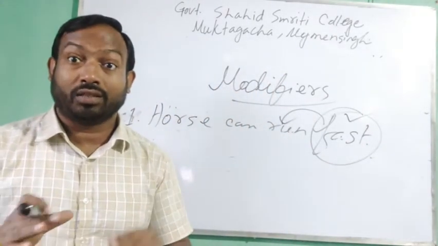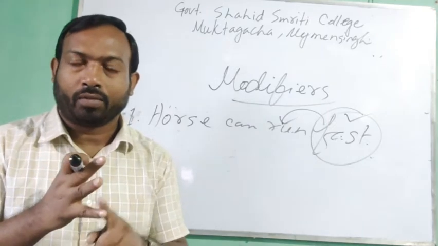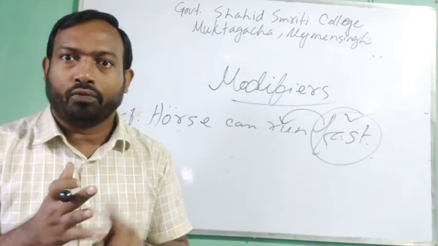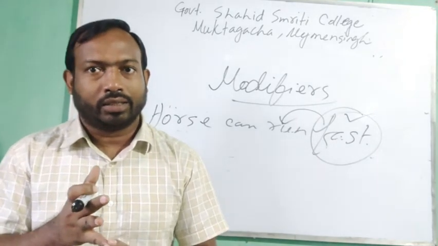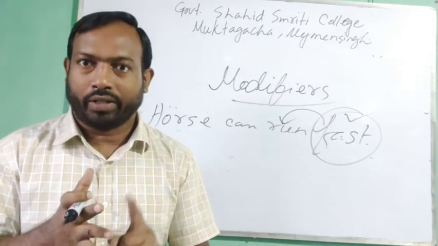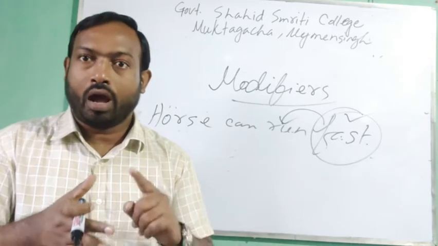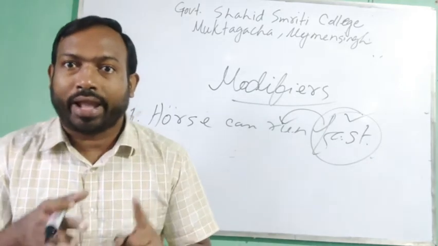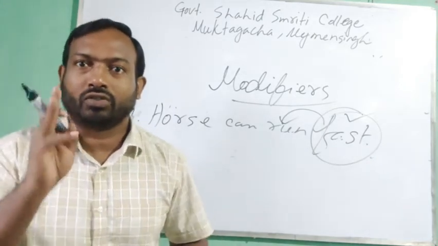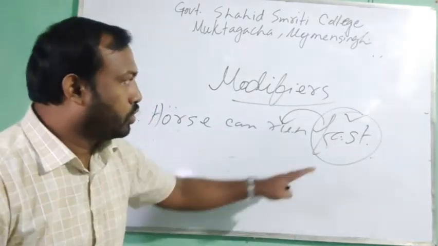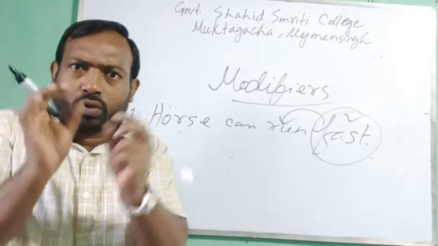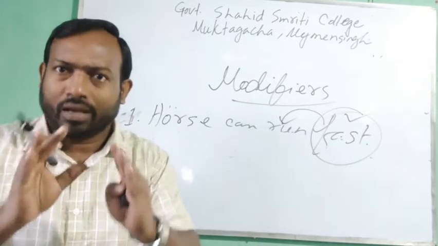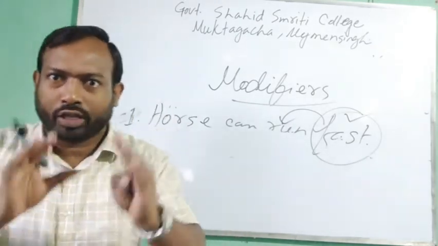If we ask the verb where, when, how, where the action takes place, when the action takes place, how the action takes place, if we ask these three questions to the verb, there are some other criteria too, but precisely this is what I am talking about.